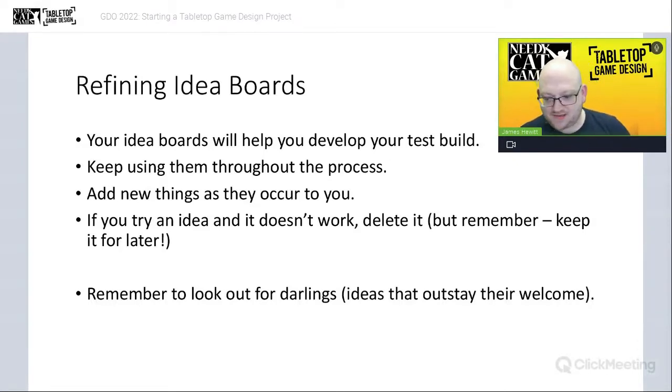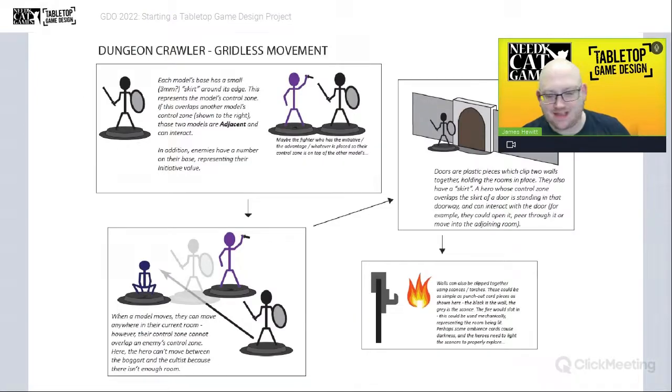Just to give you some ideas, this is a game that I worked on years ago when I was first running Needy Cat. I was working on a little dungeon crawler game for a client who had ideas for all sorts of different things. It had some gridless movement, and here were some very rough ideas for how I was going to do that.